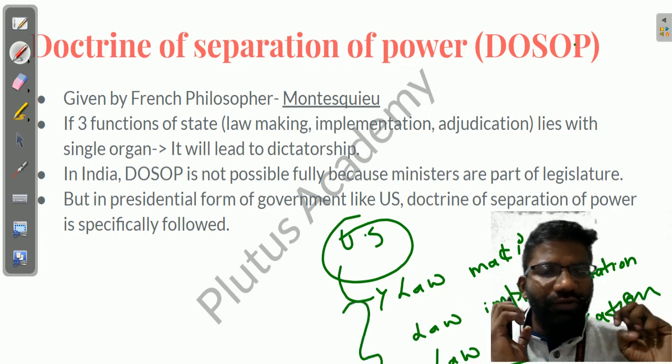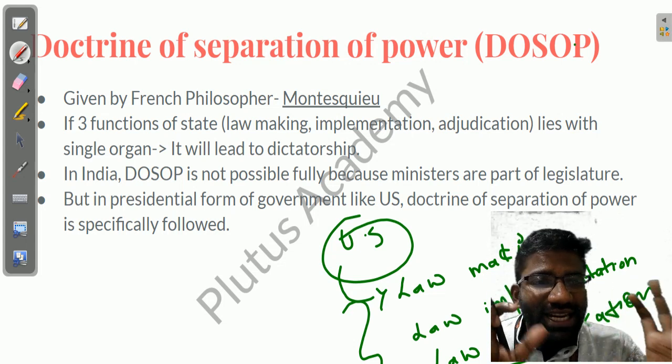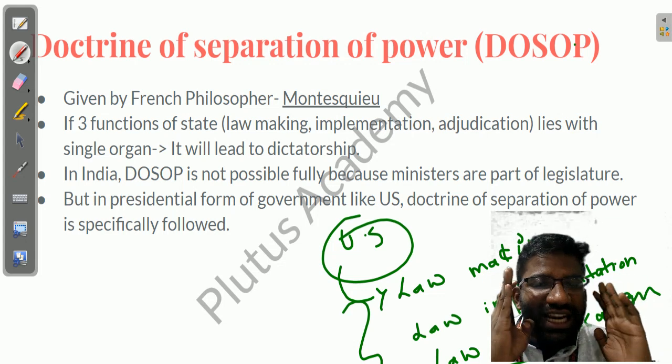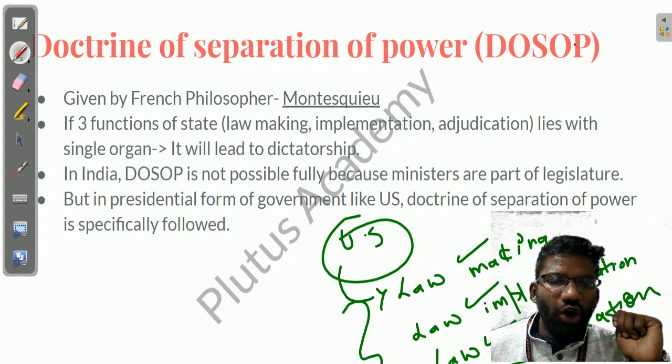So where there is a presidential form of government, there is a clear-cut difference between law making, law implementation and law adjudication.